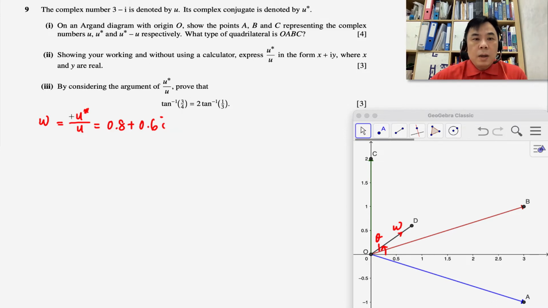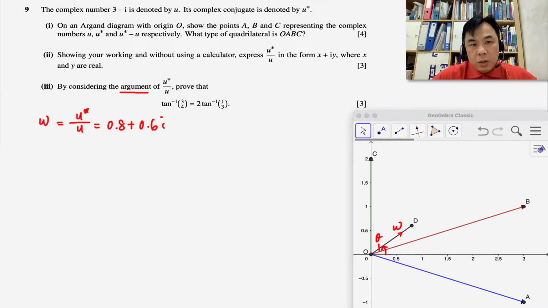Now, just a bit of theory to prove to you why we have this particular property of the ratio of complex numbers.